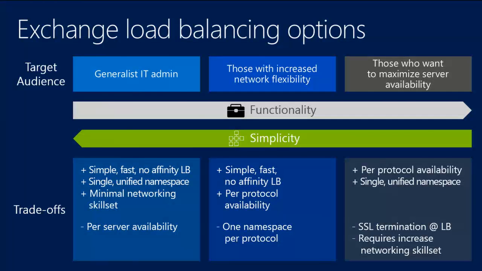But really, it's about providing choices for those with less IT skills, less hardware, less desire to own and manage the IT in such a way, versus those who really want to maximize the technology that they've invested in. They can do a layer 7 approach. Pros and cons, trade-offs for both. Hopefully that gives you something to think about when you think about how you're going to do load balancing for 2013.